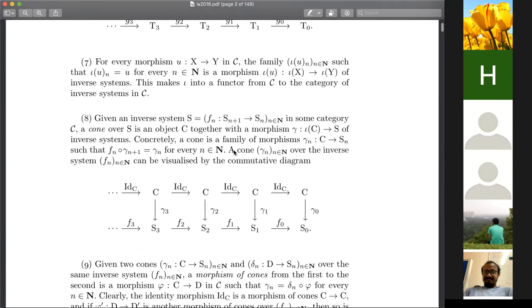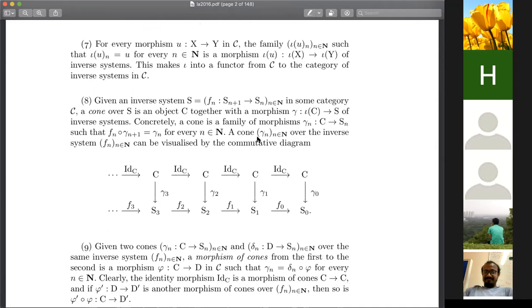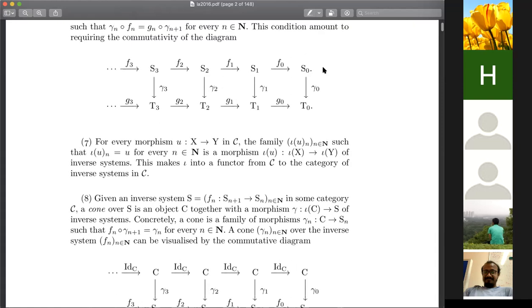So just as that one is a trivial example of an inverse system, here is a trivial example of a morphism of inverse systems. You take any morphism u in your category C, then you know that trivial inverse system in which each of these is equal to x and each of the bottom ones is equal to y and each of the vertical arrows is equal to u, that of course is an example of a morphism of inverse systems, right?